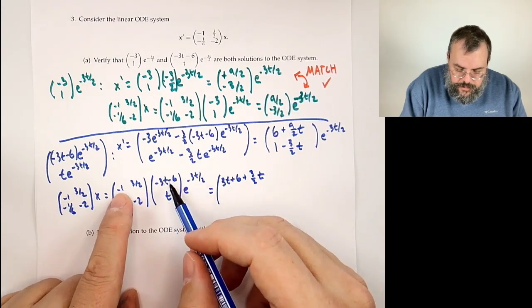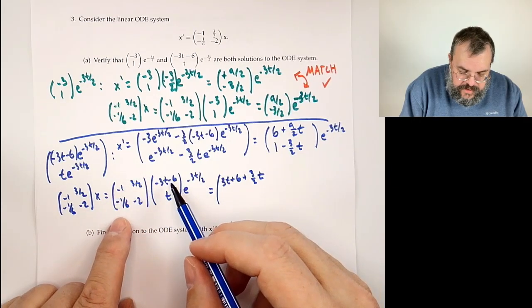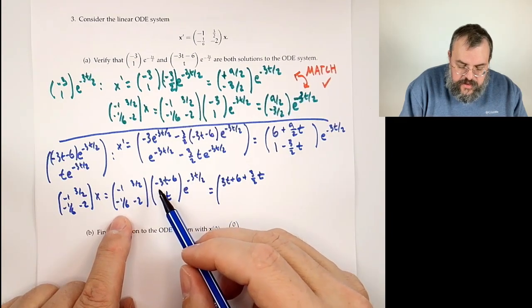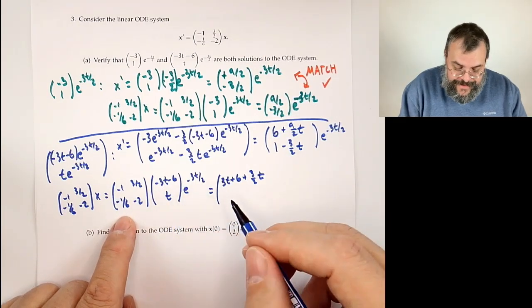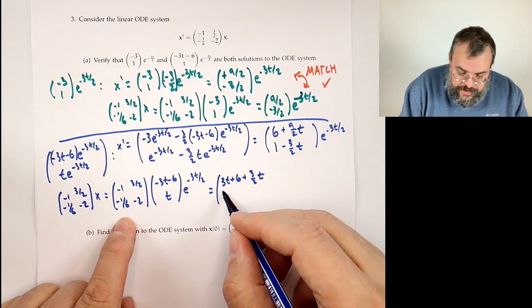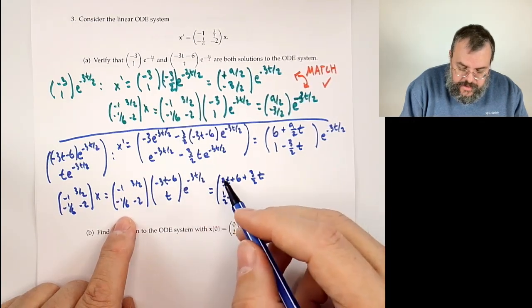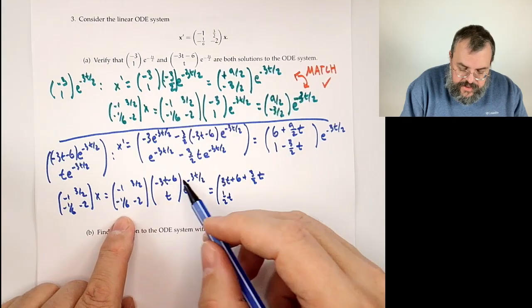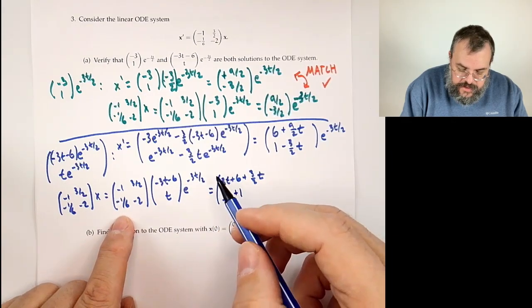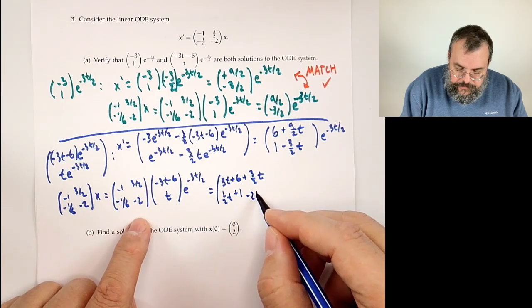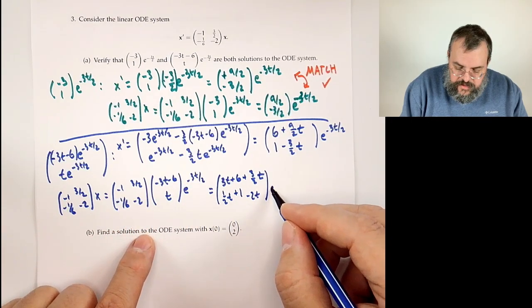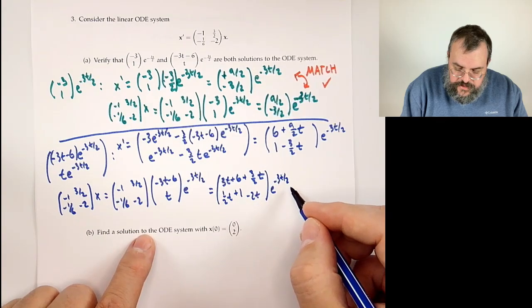All right, boom, boom. Then down here, times it by minus 6. Okay, so 3 times a 6 is half. So we're going to have a 1/2 t. And minus 1/6 times -6 is plus 1. And then we're going to get -2t. And this is still multiplied by e to the -3t over 2.